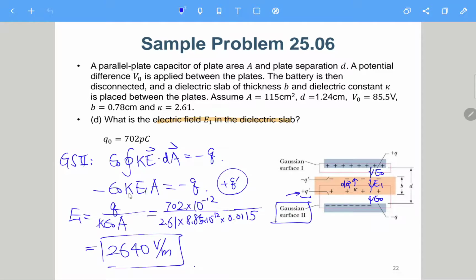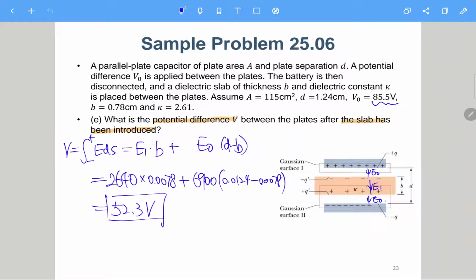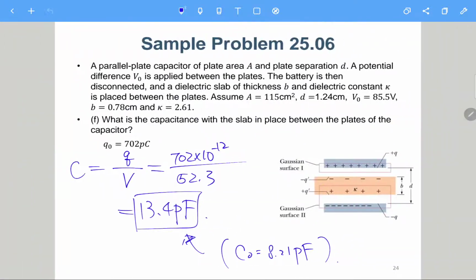If you don't have a kappa there, then you can have a plus Q prime, so you can find the equivalent Q for this dielectric, but you don't try to account for the same issue two times. That's my understanding. So this is the end for this chapter, and I'll see you tomorrow.